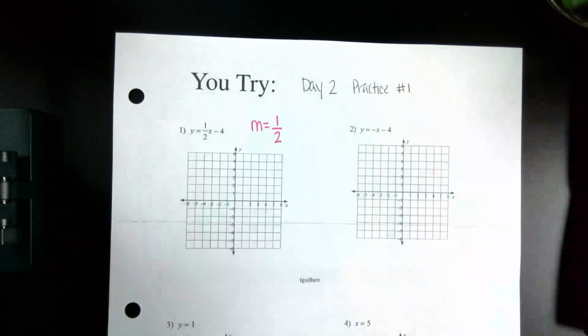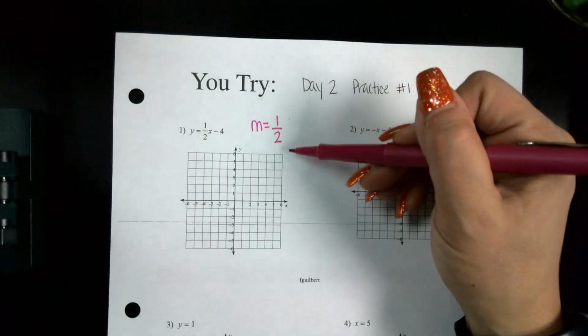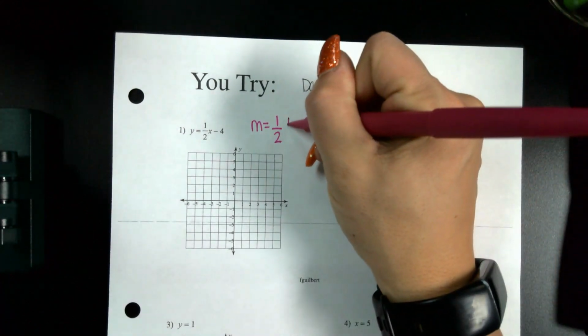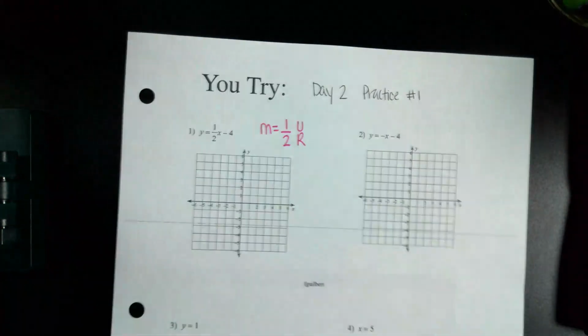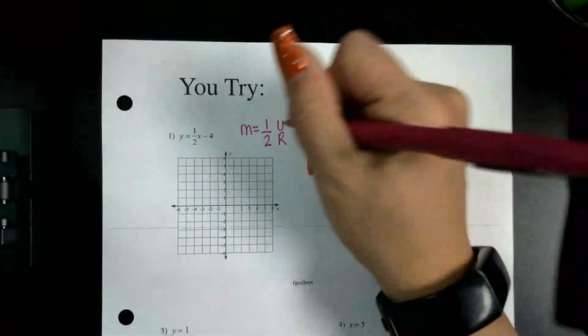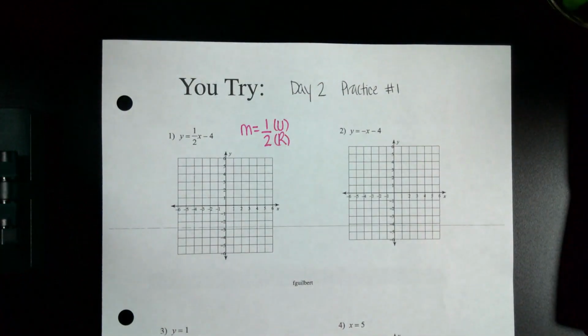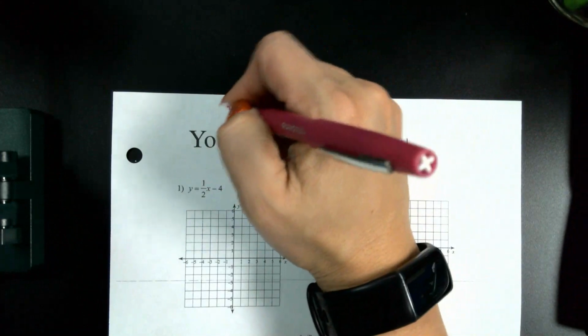1/2. So m equals 1/2. And because it's positive, is this going to say upright or downright? Upright, because it's positive. You guys always see me, I'll either put UR or DR. So when it's positive, write that at the top.